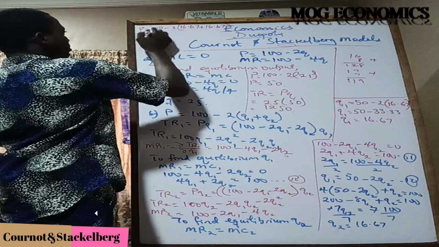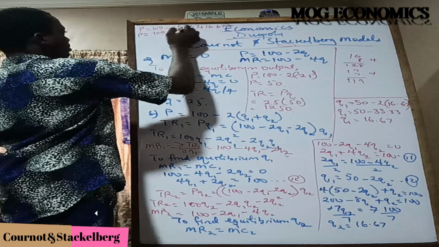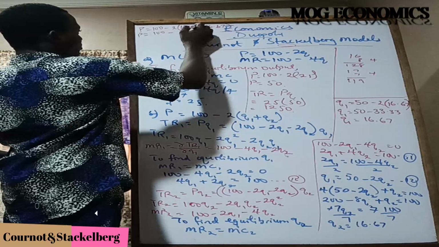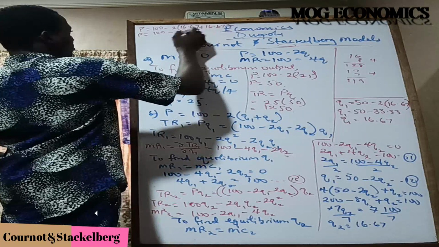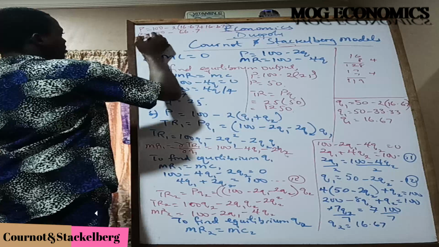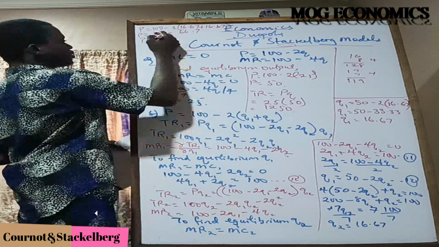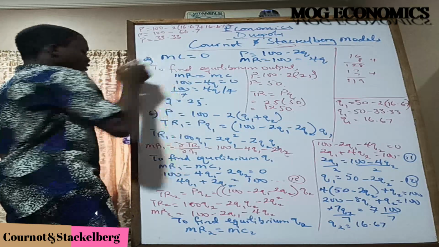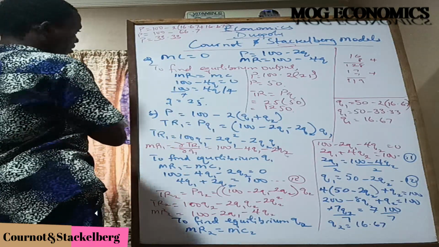So P equals 100 minus 66.7, and P is going to be equal to 33.33.